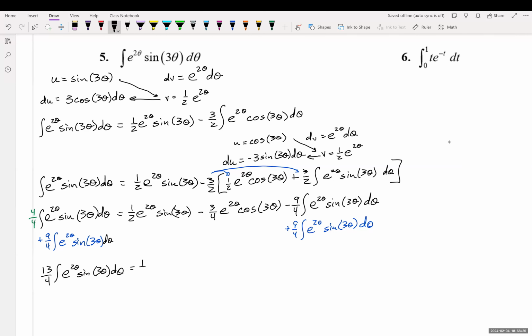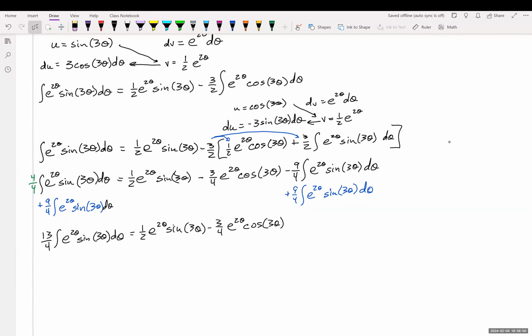Equals, we have our 1/2 e to the 2 theta sine of 3 theta minus 3/4 e to the 2 theta cosine of 3 theta. And all that's left to do is to multiply both sides by the reciprocal, 4/3, right? In other words, we're going to multiply here by 4 over, I said 4/3, I meant to say 4 over 13, right? Multiply here by 4 over 13.